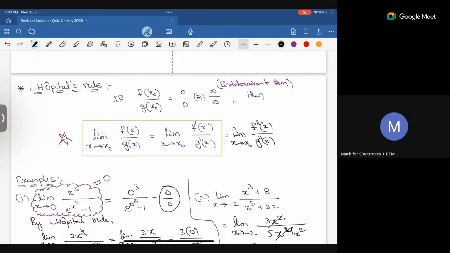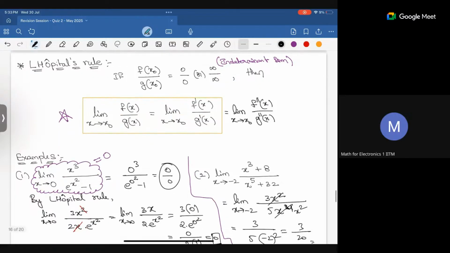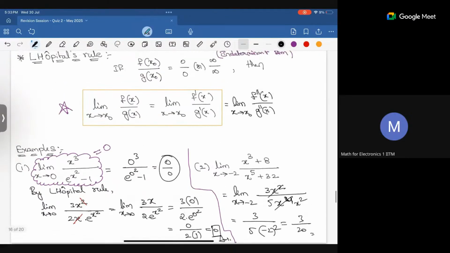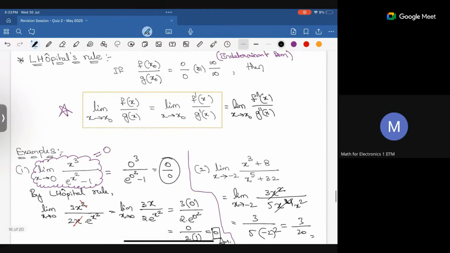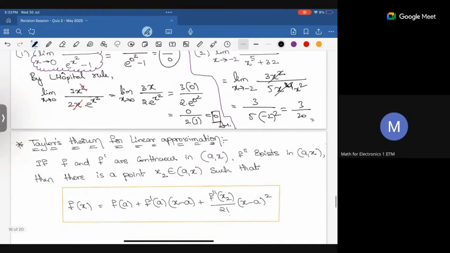They use it multiple times until the numerator and denominator give constant values, and there they stop. Okay, so at least I hope you guys won't make the same mistake that your seniors have done. So that's a strong note with respect to L'Hopital rule. Practice more and more problems around L'Hopital rule also.